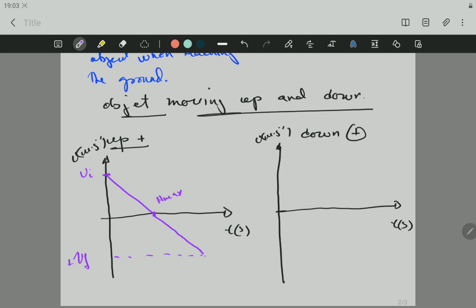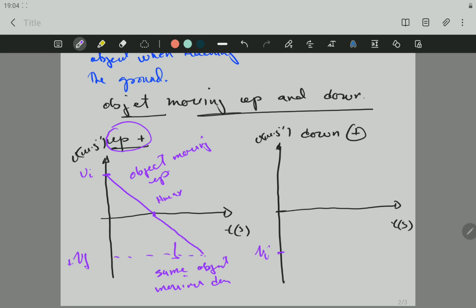So this is an object moving up. This is the same object moving down, and up is positive here. If down is positive, the object is starting to move up, so we're starting from a negative number.